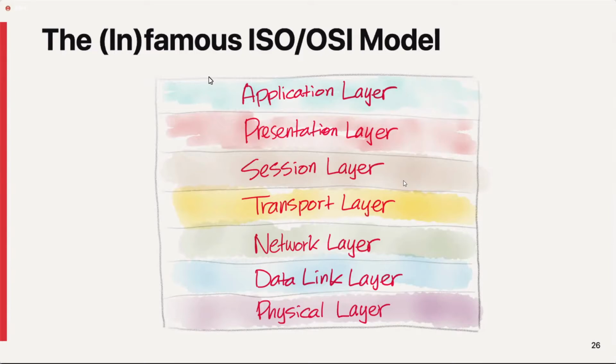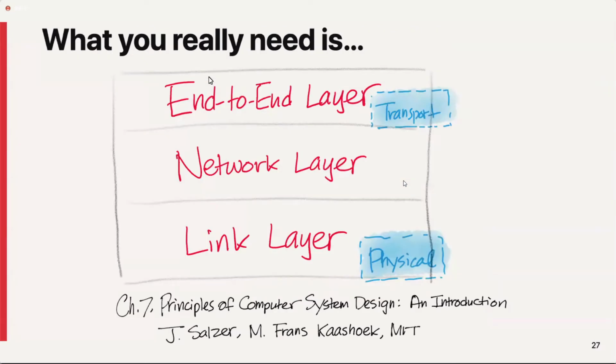So what we really have in the real world, and what we really need, is probably just 3 layers. We have a general link layer, where you typically put implementations into the hardware or firmware, in the baseband of modems and cellular modems, for example. And you have a network layer, which is the internet protocol, IP.